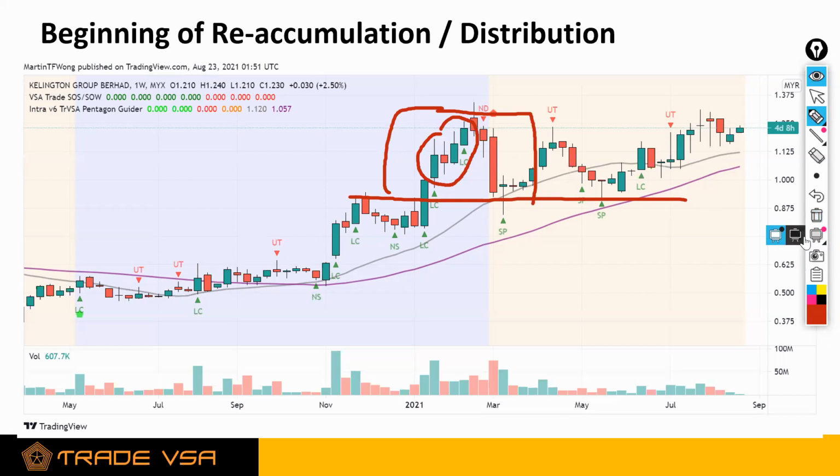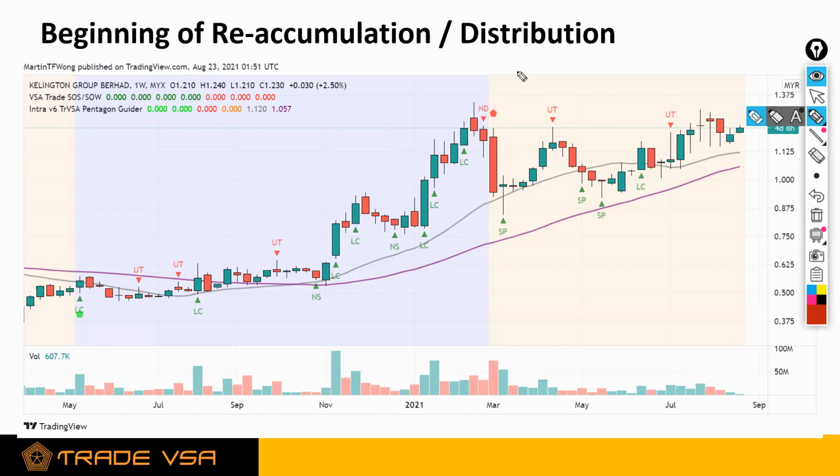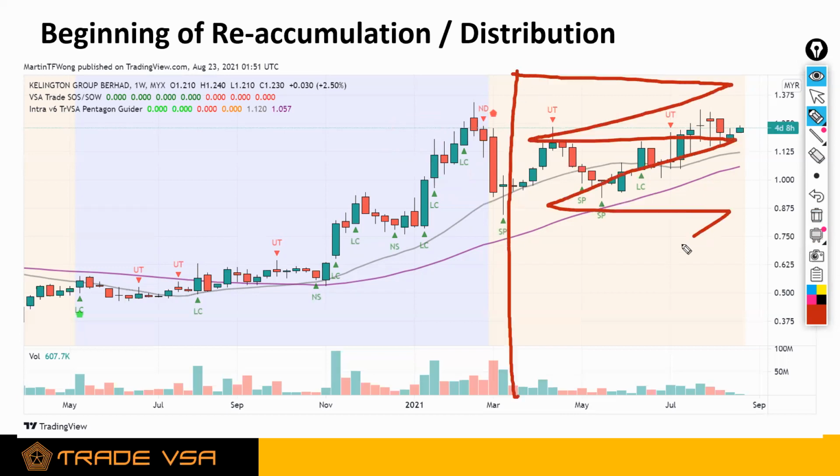Usually when you see this kind of candle, let me erase. Assuming we are just looking at this period, this is maybe the beginning of a distribution or a reaccumulation.